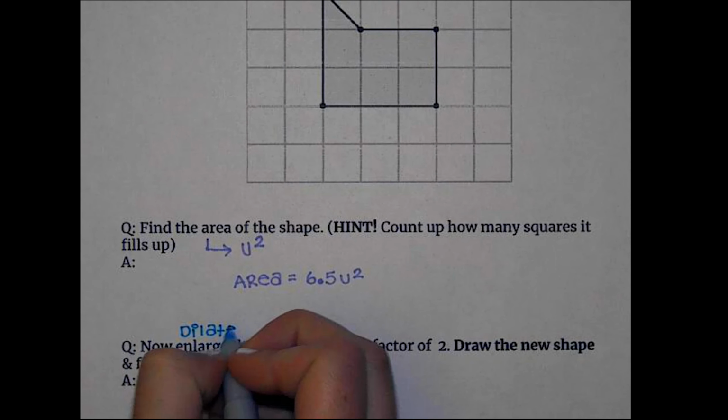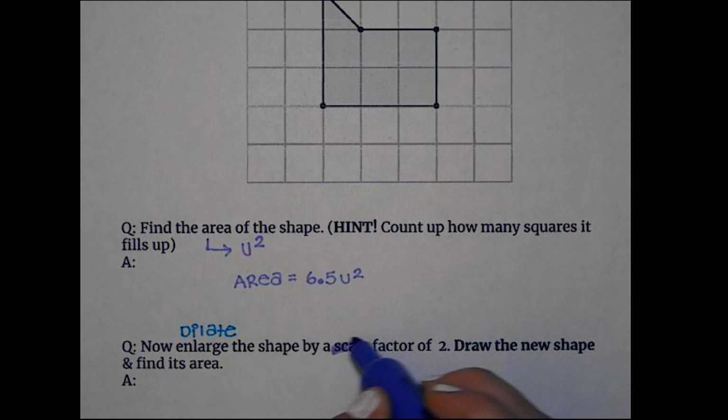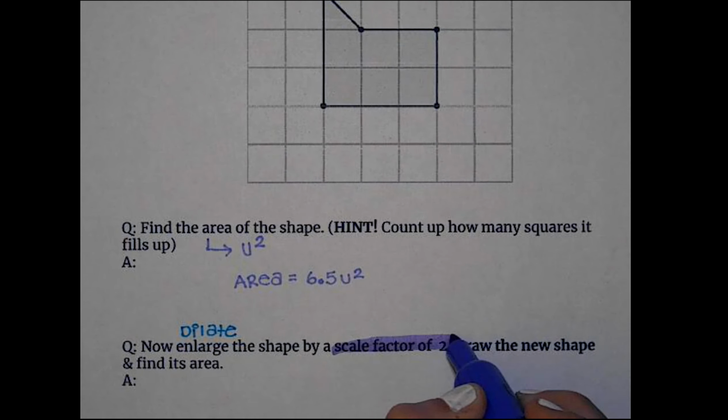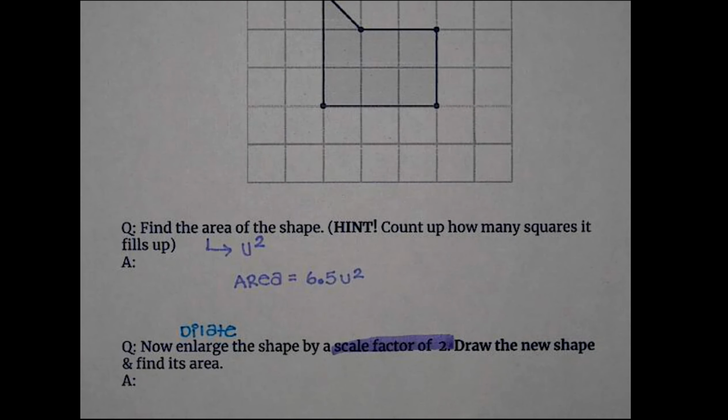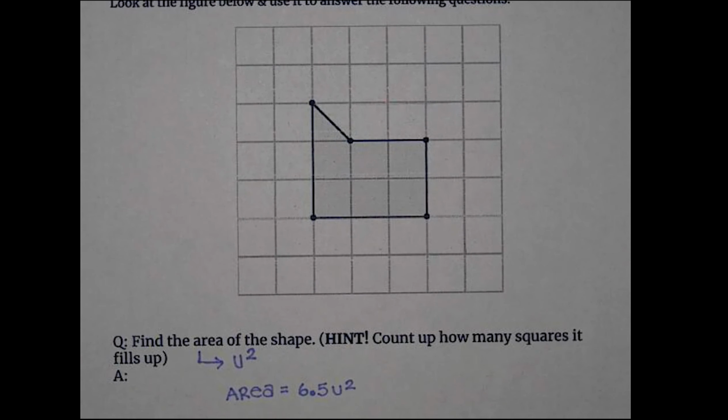Usually when we dilate something, we're on a graph, and it gives us plot points that we can follow. But if you look here, there's not really any plot points to follow, and we're not actually going to put them on the graph. You can decide where you would like to put the shape.